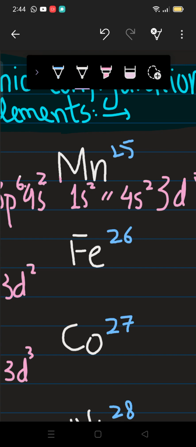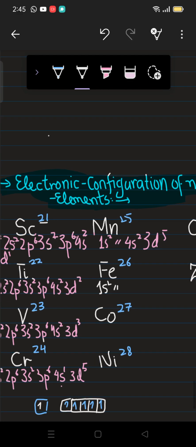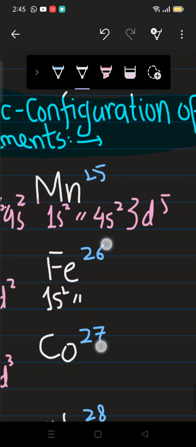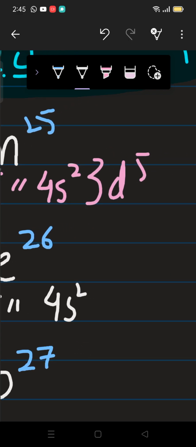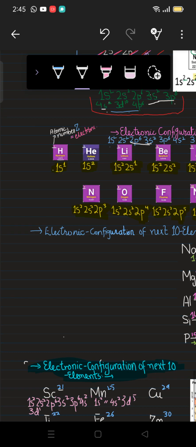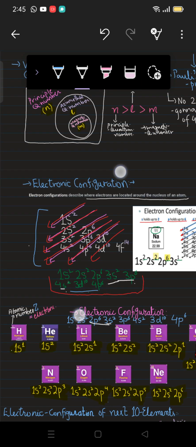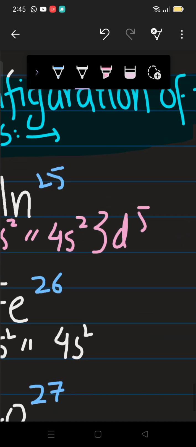Now we have iron. The electronic configuration of iron: 1s2, 2s2, 2p6, 3s2, 3p6, 4s2. How much capacity do we have in the d orbital? 10. So it would be 3d6.